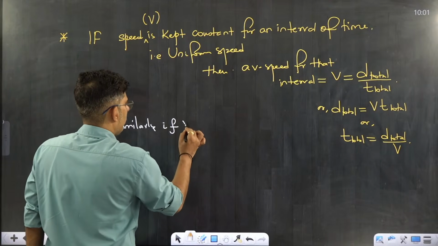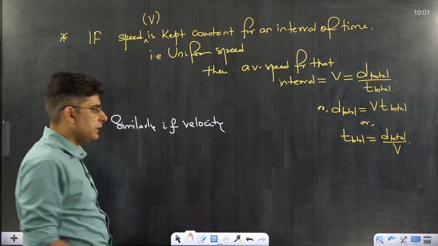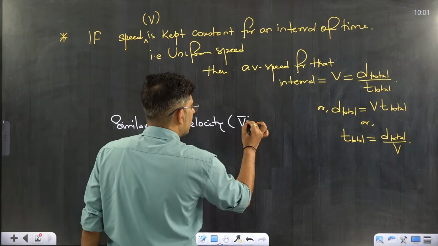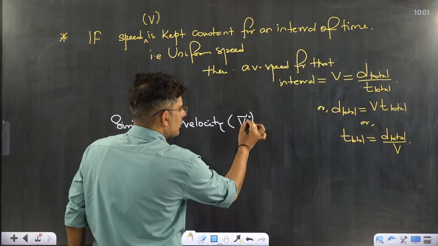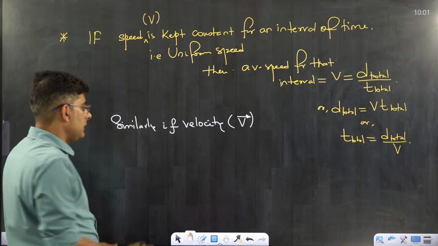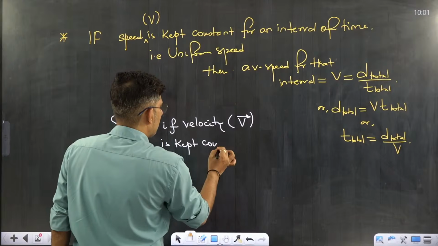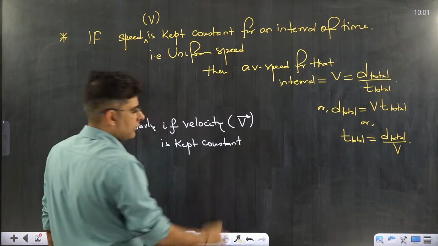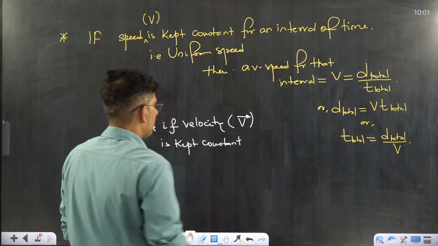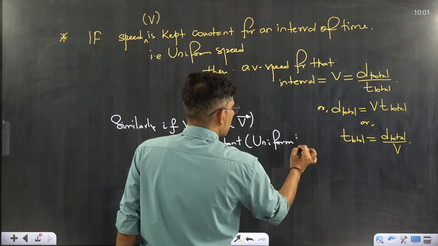Similarly, now we know that velocity is a vector quantity, so let's denote velocity as v vector. This arrow just denotes that it is a vector quantity. If velocity is kept constant, this type of motion we give a name.